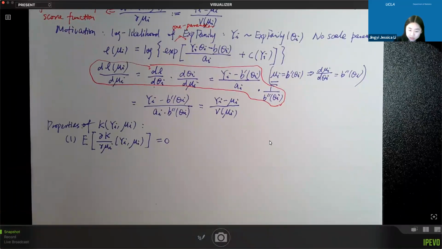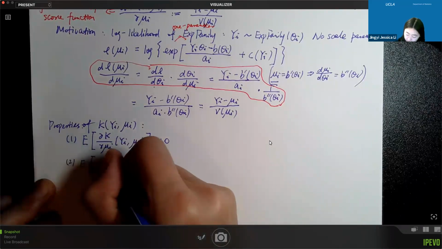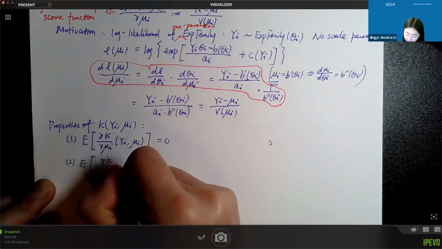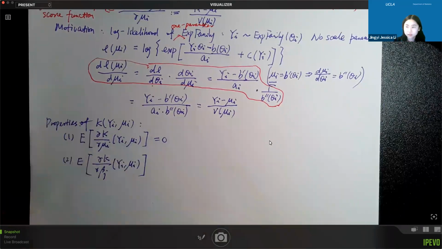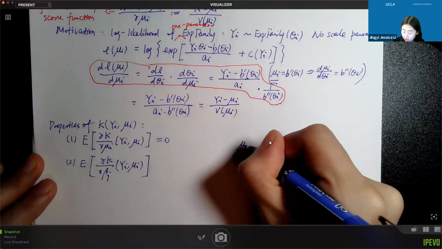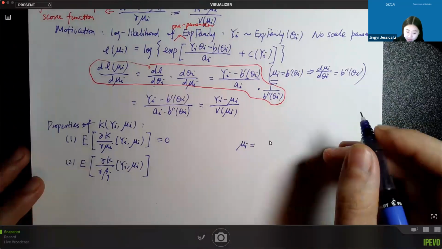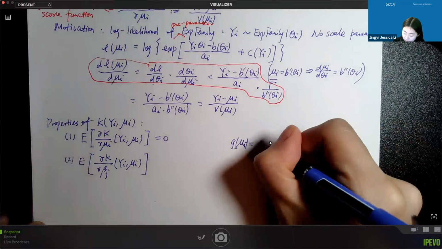And the second property is, what if we're taking the partial derivative not against mu_i, but against beta_j? So the second thing is the expectation of partial K over partial beta_j. We know that because we're still under this GLM framework, g(mu_i) equals x_i transpose beta.